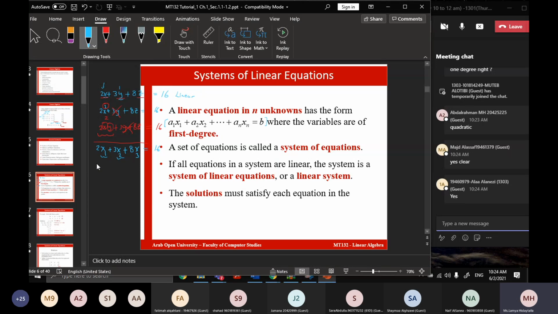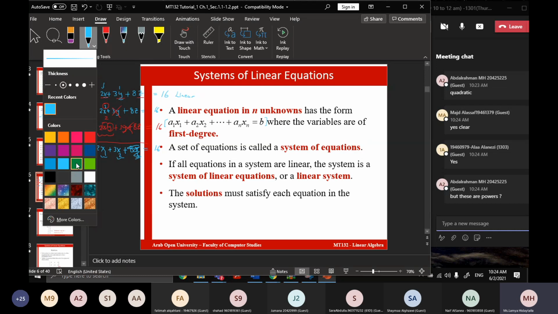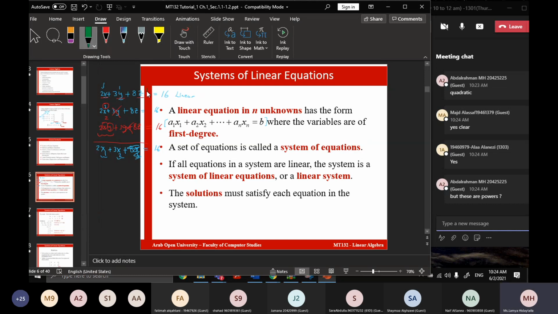Clear? And there could be just 2 or more than 2, for example 2x plus 3y plus 8z, moreover plus 9u plus 5v, no matter, any number of variables. Okay, clear? What do we mean by a linear equation?